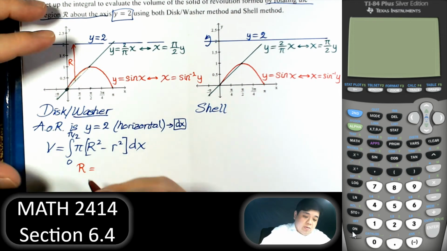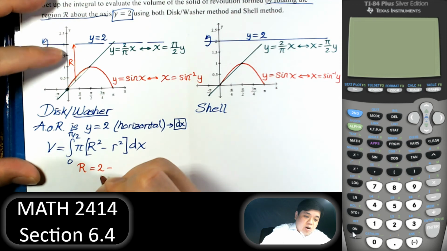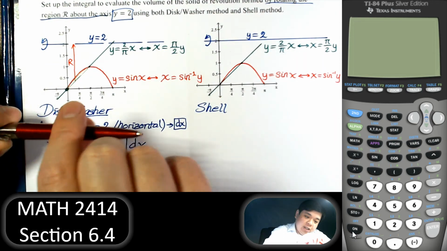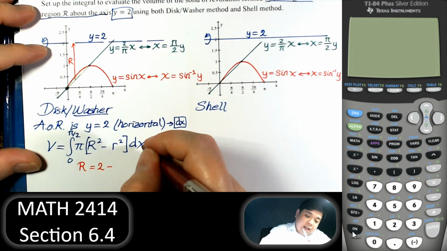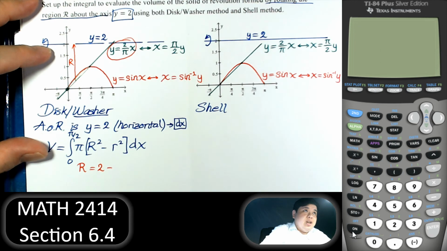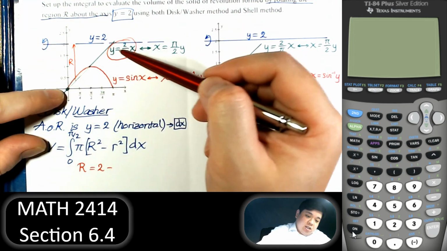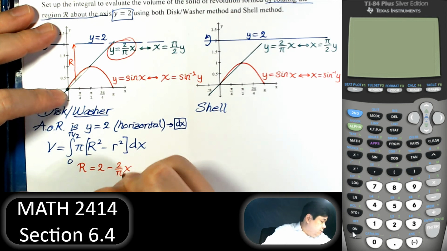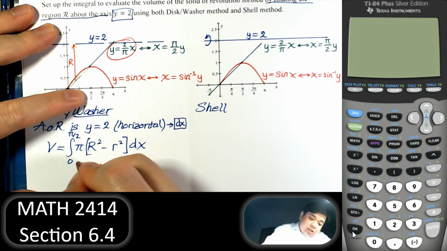And so the function above, 2, minus the function below, which is the line. And by the way, since we use x, we're going to keep the function in terms of x. So it will be 2 minus that. That is the big radius.